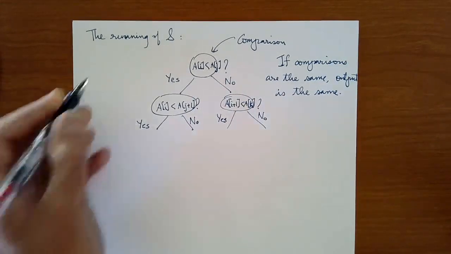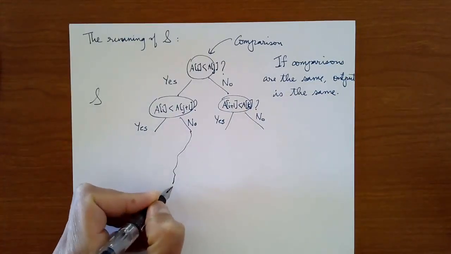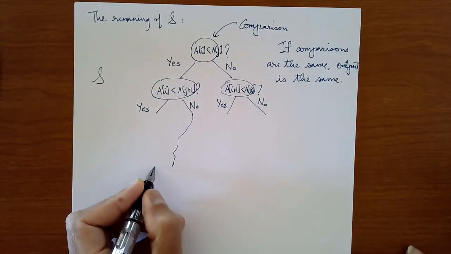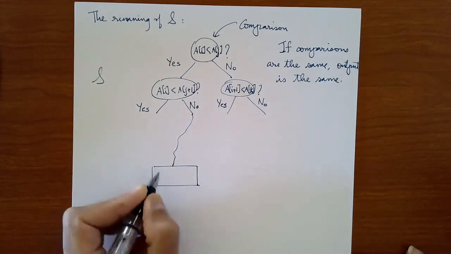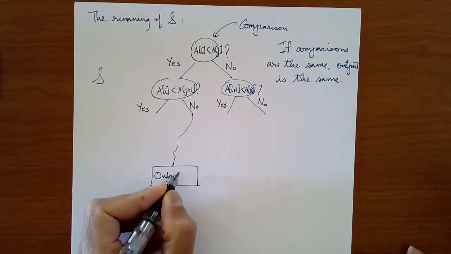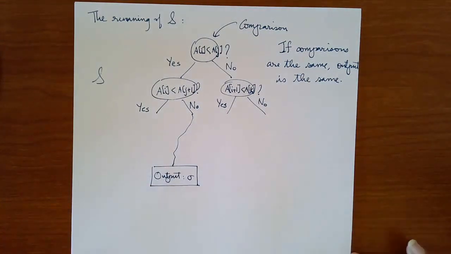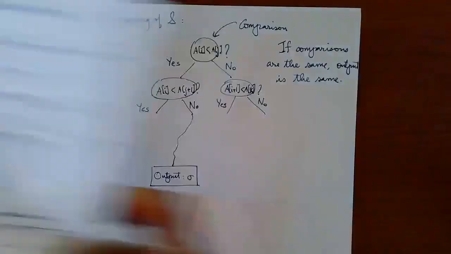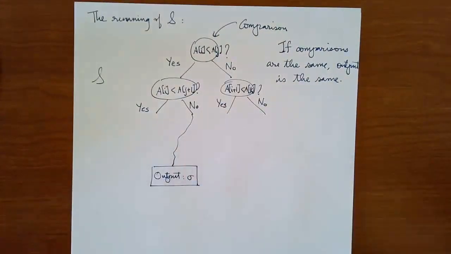So what the algorithm S does is it does a series of comparisons, and finally it ends up at an output. So what it'll say is that the output is some permutation sigma. Because we said that to give the output, we want it to output sigma. So it's going to do some series of comparisons and end up at an output.